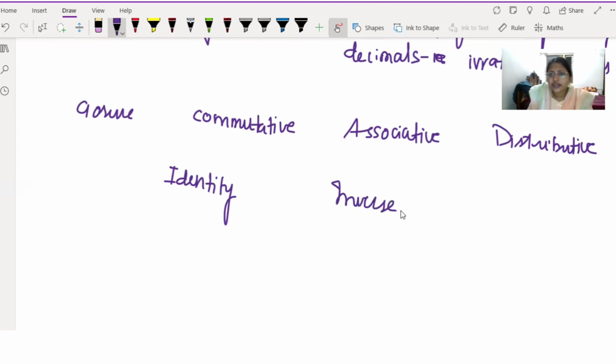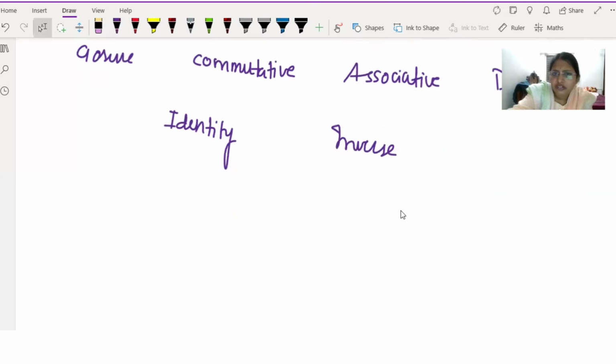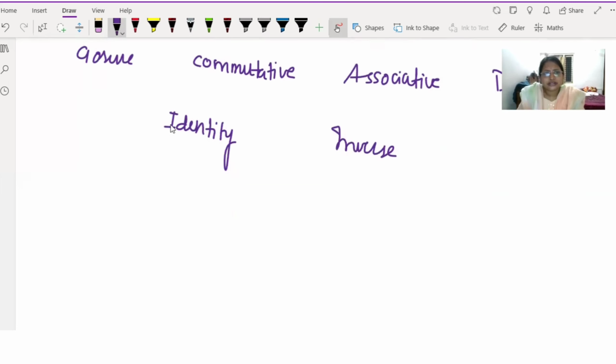These are the properties of numbers generally studied in lower classes for different sets of numbers. Let us study which operations obey these properties in rational numbers and which do not. It will be a little different from some other sets of numbers.